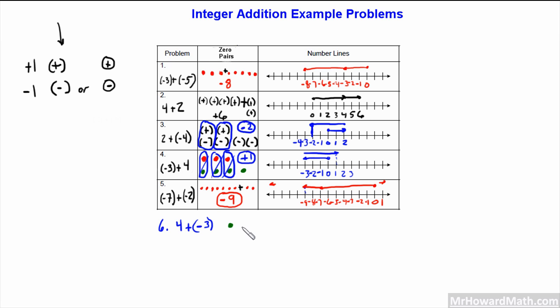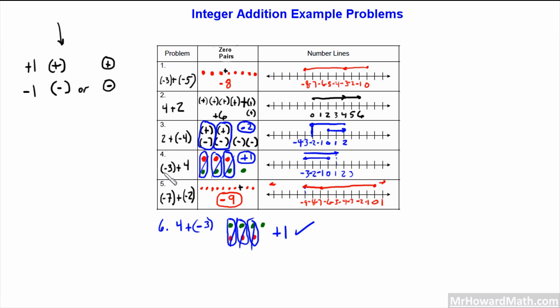We have 1, 2, 3, 4. We have negative 3, right? 3 in the negative. We have 1, 2, 3. Get rid of our 0 pairs. We have 1 0 pair right there, 1 0 pair right there, 1 0 pair right there. Get rid of those. We are left with 1, and it is green, therefore it is positive. Positive 1.